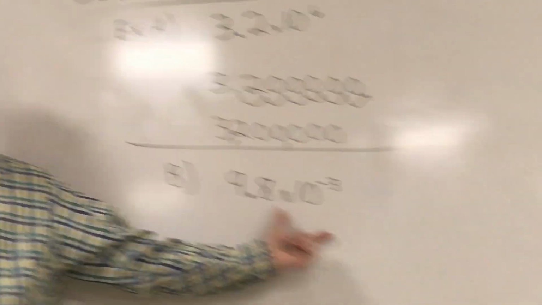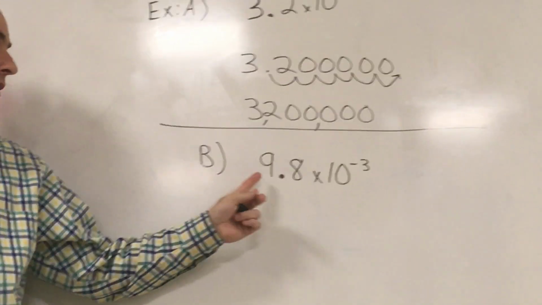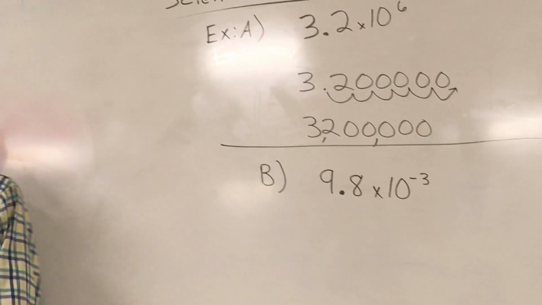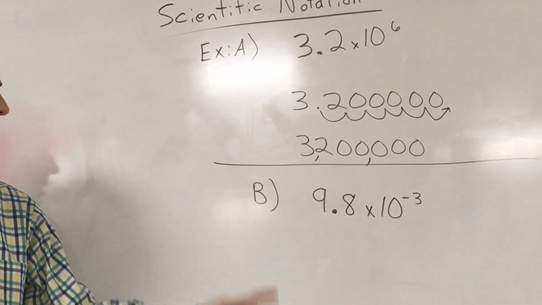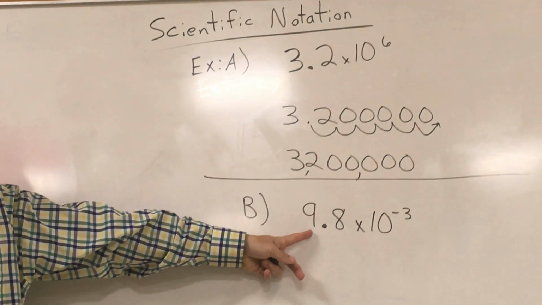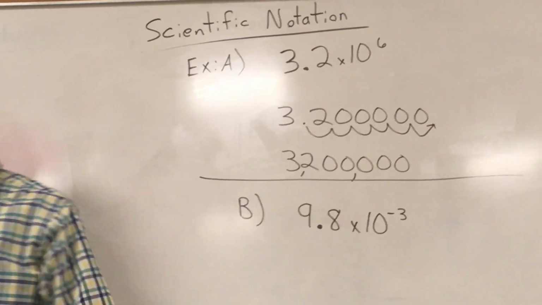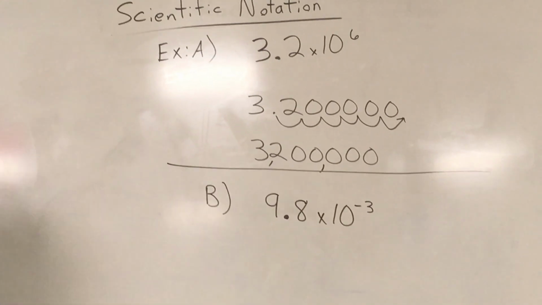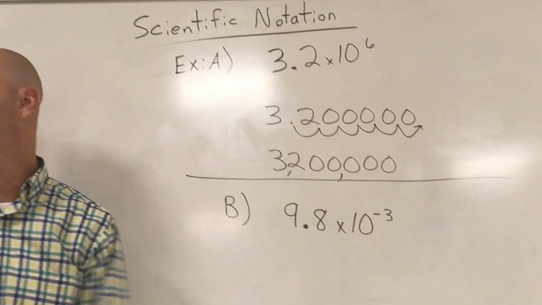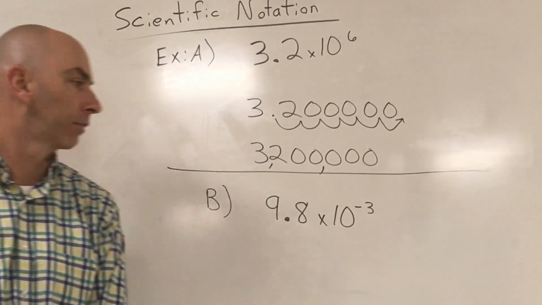So to be in scientific form, this first number has to be 1 through 9, then the decimal. It can't be 0 and it can't be 98 point something. It's a number, decimal, and whatever. It can be more numbers afterwards. And it always has to be 10 to some power.